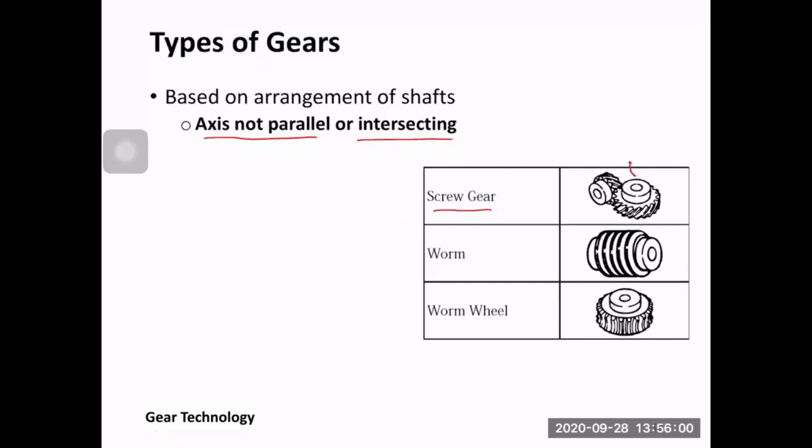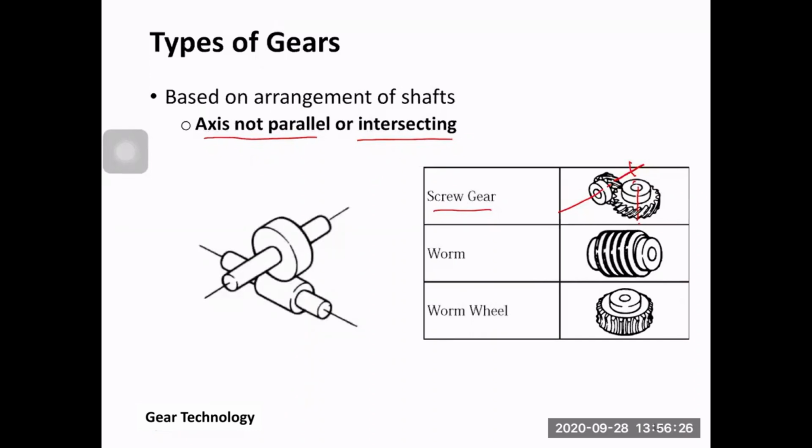But you see here the axis of this shaft is vertical, and the axis of this shaft is horizontal. And then they are not intersecting, they are not parallel. There is a distance between them in the two planes. So we can use this type of gears to transmit the power and the motion between these two shafts, something like this.